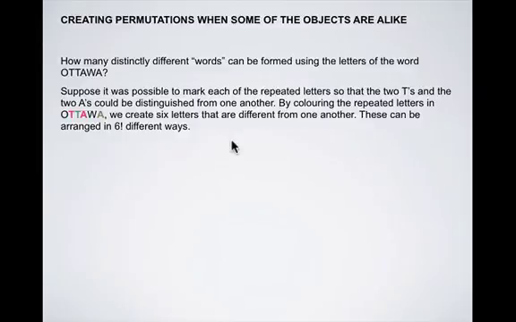And these can be arranged in 6 factorial ways because there are 6 letters. So once we choose the first letter, we can choose any of the 6 letters. So it'll be 6 and then 5 for the next, 4, 3, 2, 1, etc. So these letters can be arranged 6 factorial ways.